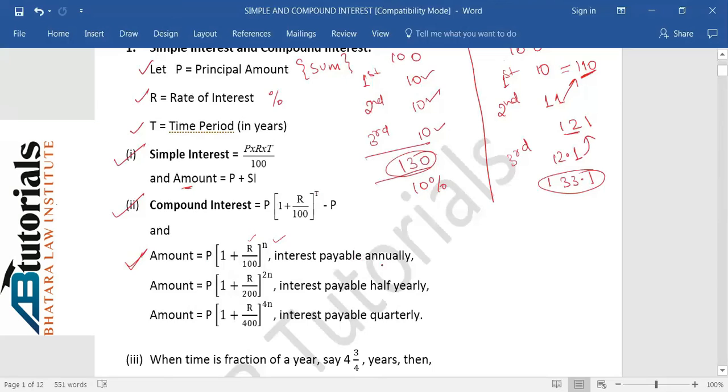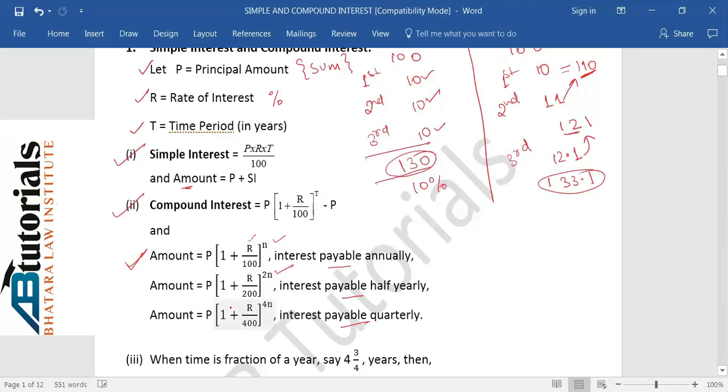Now amount is being calculated payable annually, payable half yearly, payable quarterly. So the variation takes place in such a way: if we need to pay annually, the formula remains the same. But interest payable half yearly means 2 times in a year, so the time period will be multiplied by 2 and rate will be divided by 2.